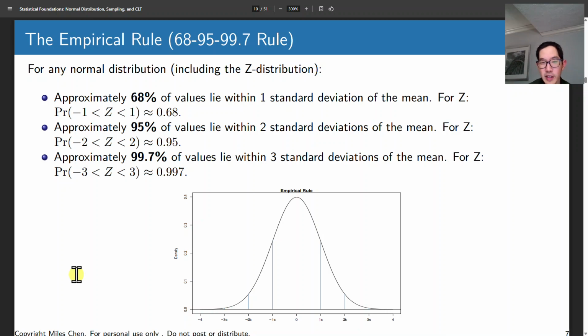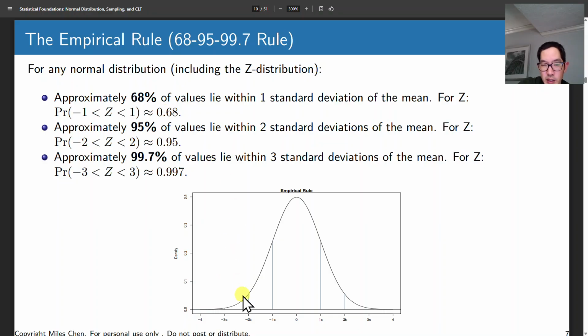That is to say that if you were to mark on your normal distribution going up 1 standard deviation and going down 1 standard deviation, okay? So if you think about the standard normal distribution, centered at 0, and you go up 1 and down -1, the area in between +1 and -1 is going to be approximately 68%.